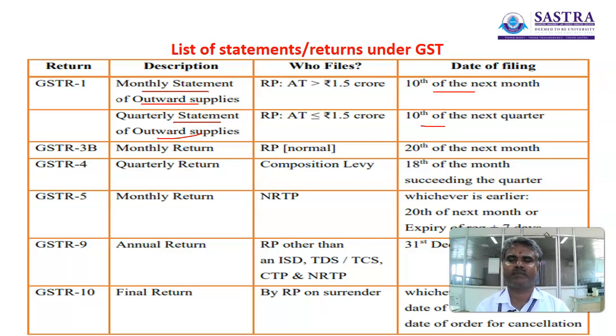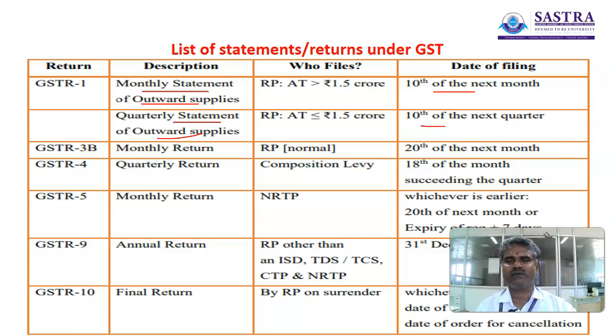So GSTR 1 is applicable both monthly as well as quarterly. But when you have to file monthly and when quarterly, the annual aggregate turnover will decide. Okay.